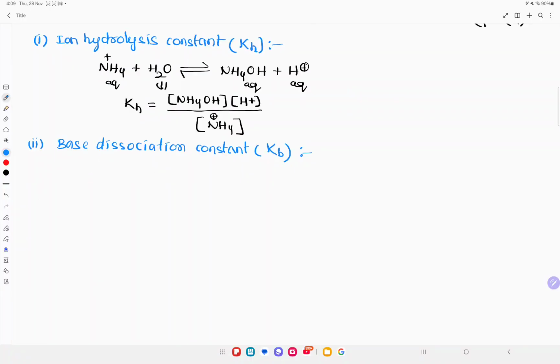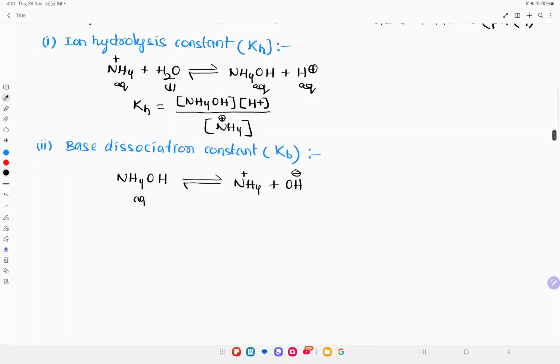Next, base dissociation constant Kb. So base dissociation is like this. Ammonium hydroxide is the base of the strong acid weak base salt, which dissociates like this. Ammonium hydroxide gives NH4 plus ion and OH minus ion, aqueous and aqueous only.